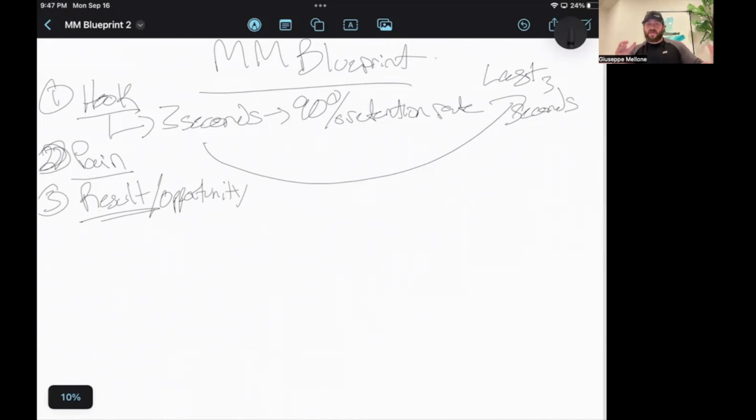Not the features of how it works, meaning not the step-by-step process, but what is the result? What is the solution that you're going to bring? If I listen to you, what am I going to get out of it? How am I going to pull something from your piece of content today that's going to get me excited about what you offer and what you bring and what your studio does for people like me?